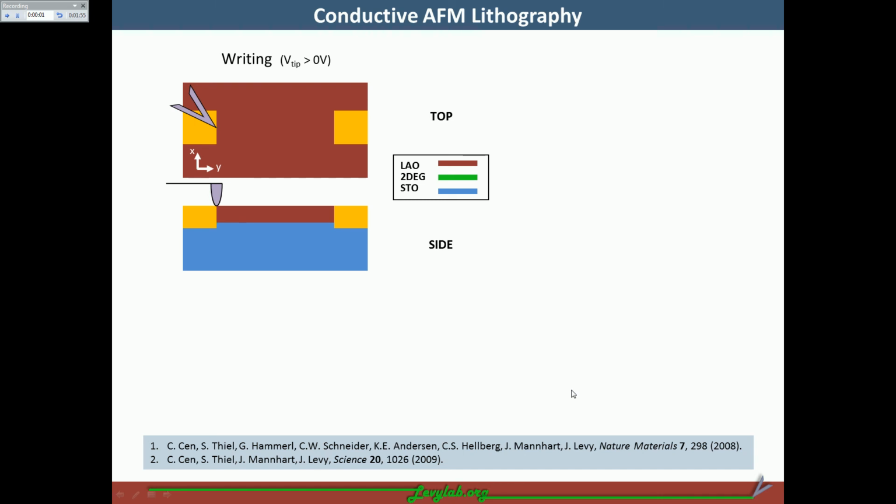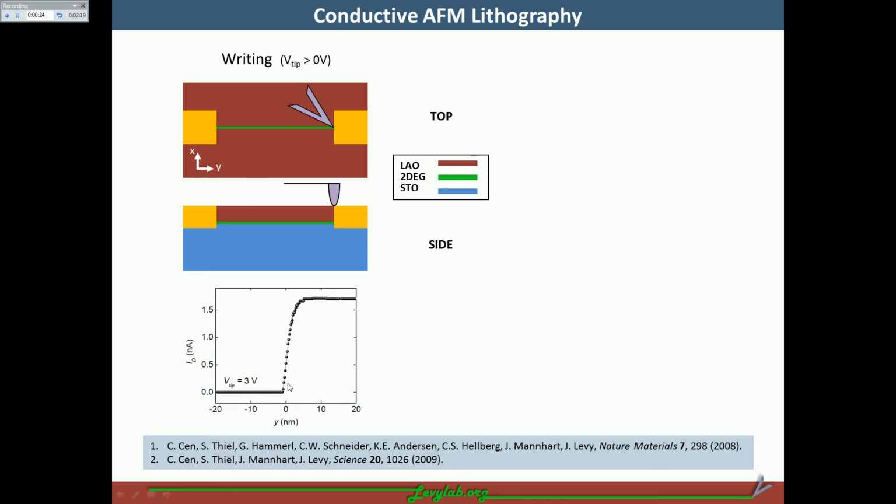And the way we do that is with conductive AFM lithography. So we have 2 gold electrodes here that are contacting the interface between LAO and STO. And if we apply a positive voltage to an AFM tip and scan across the surface, we're able to create a nanowire at the interface here.